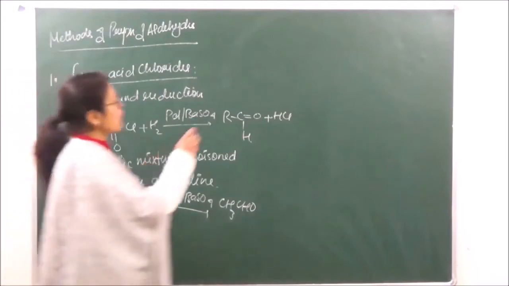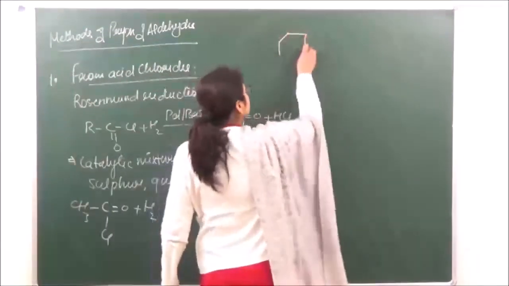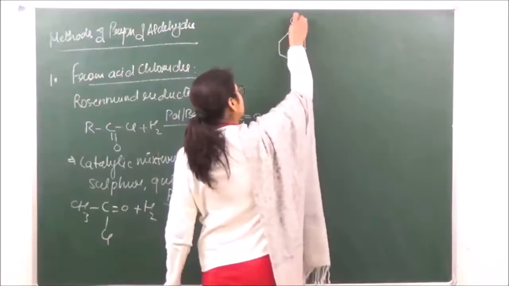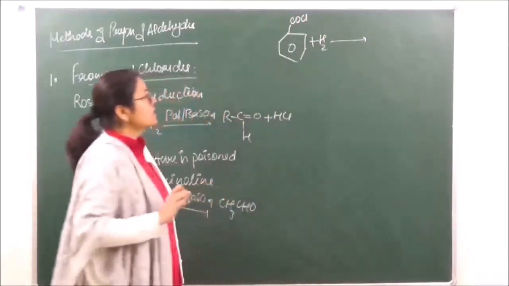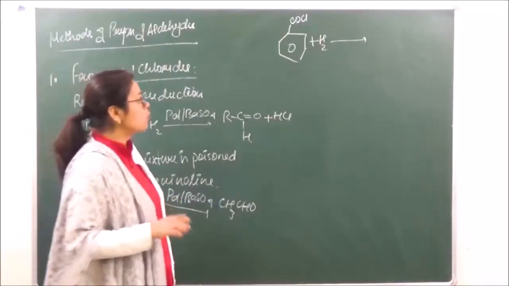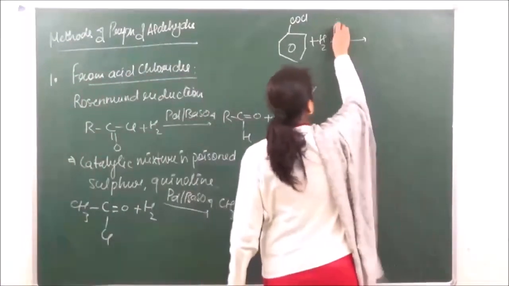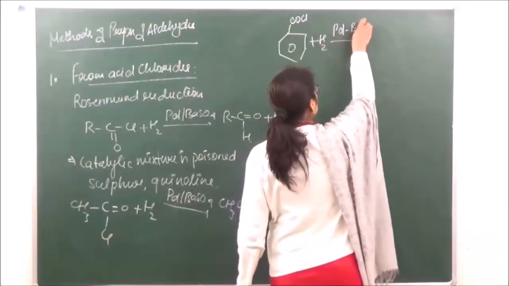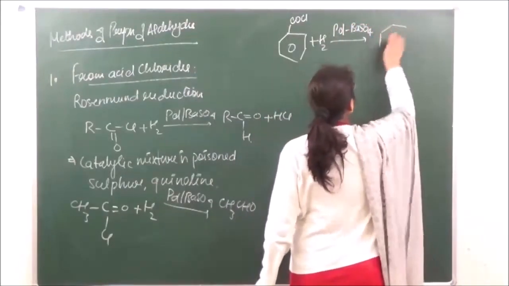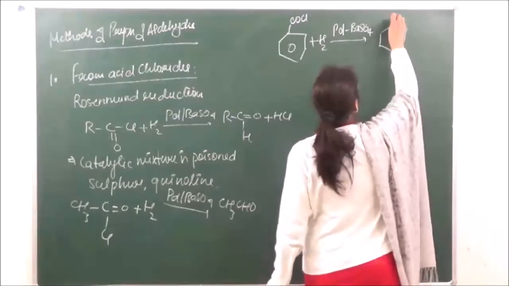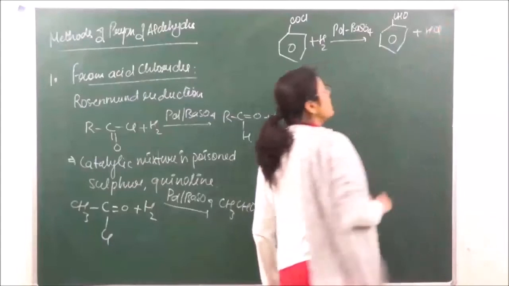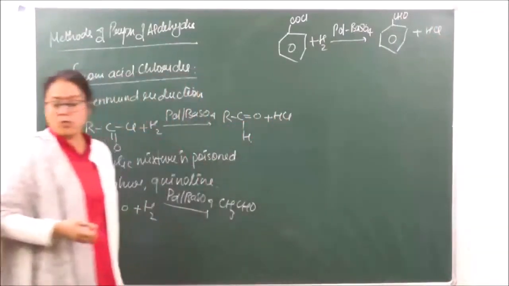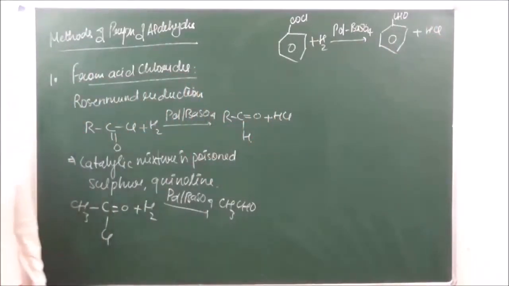If we are taking benzoyl chloride, benzoyl chloride is this COCl on the benzene group. This is going to get converted, again in presence of palladium and barium sulfate, to CHO and HCl. So we are going to form benzaldehyde by taking benzoyl chloride.